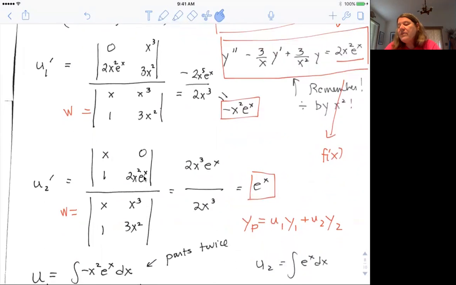Let me say a word about that now that everybody's here. I sent out an email last night about one of those problems, and unfortunately it was the first one up on the variation of parameters. There was a hyperbolic sine on the right-hand side. That hyperbolic sine can be written in terms of exponentials. Some of you may have done that in Calc 2, and maybe some of you didn't.